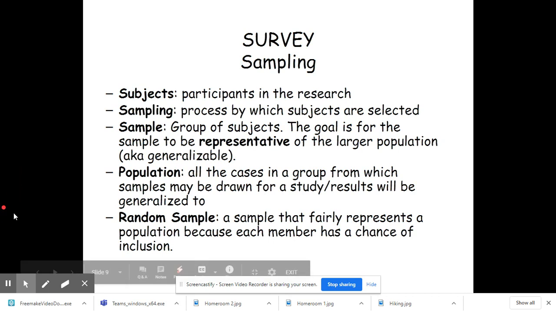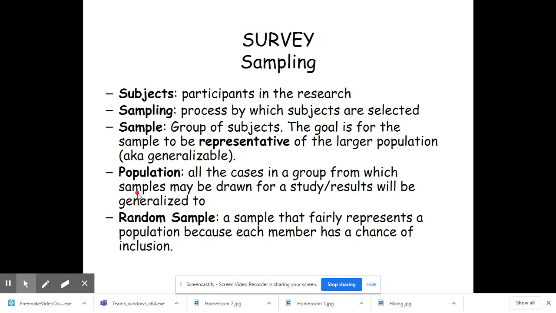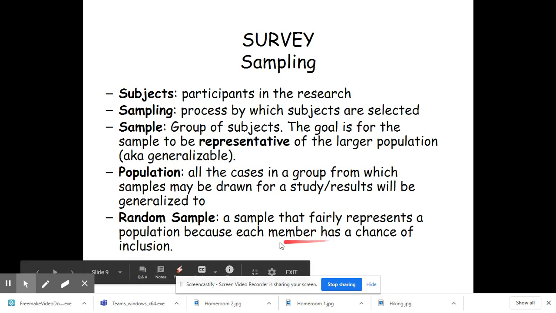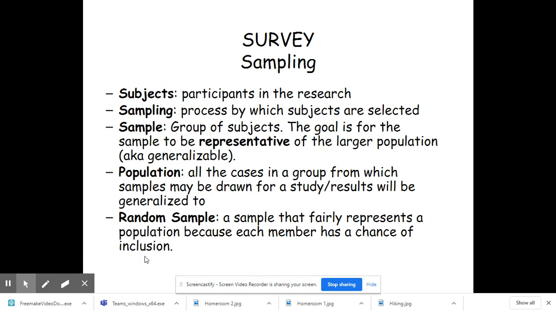To make sure that happens, we have to take what's called a random sample. When a sample is random, what that means is that every member of the population has an equal chance of being included in the survey.